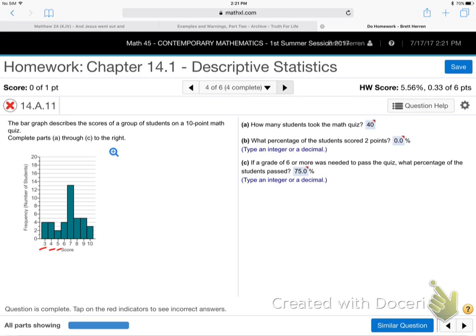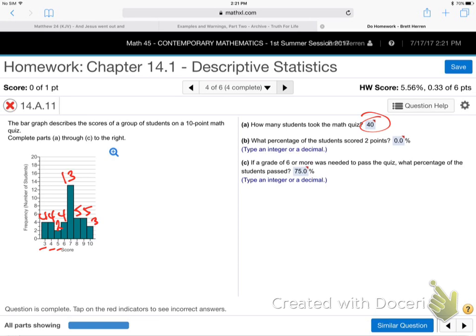Now, how many students took the math quiz? I came up with 40. How did I come up with that 40? Do you all see that? I added up the numbers, huh? There's 4 here, 4 here, 2 here, 4 here. What's this one? 13. This one's 5. 5. 3.